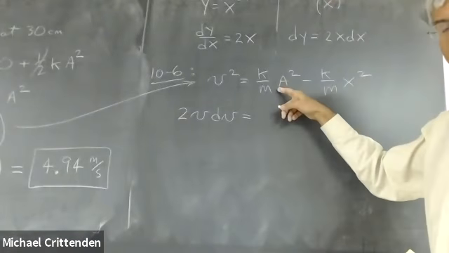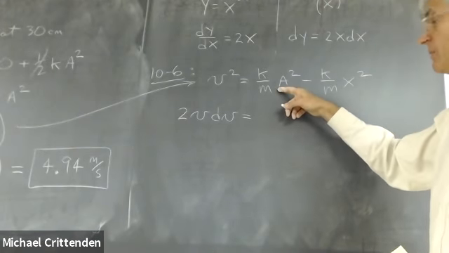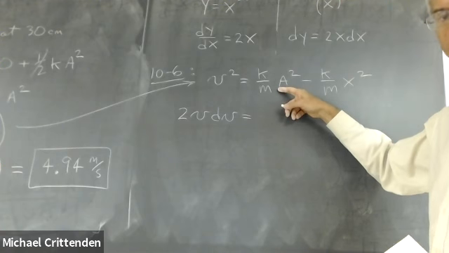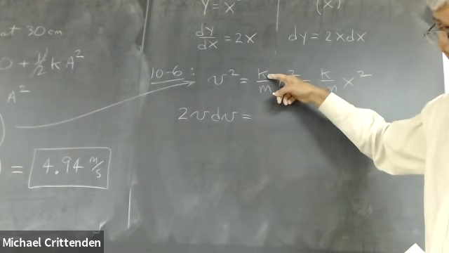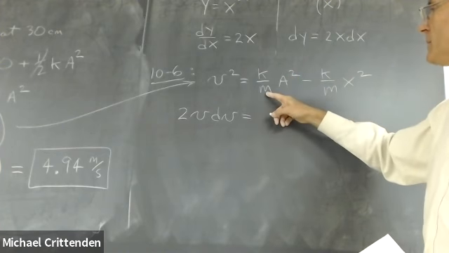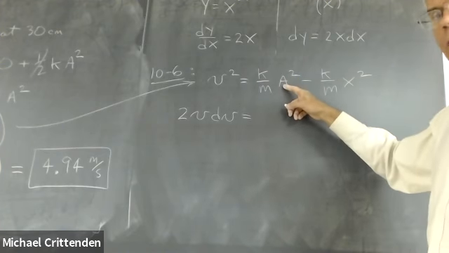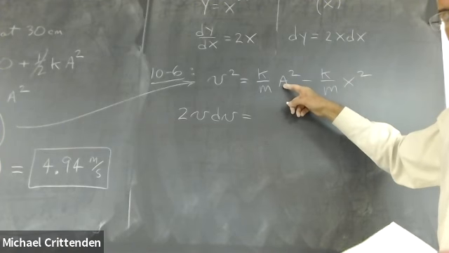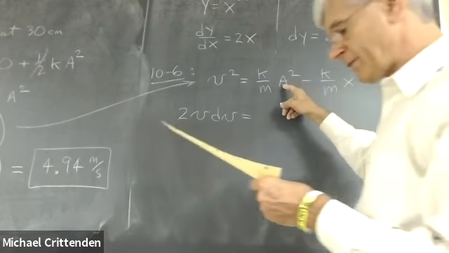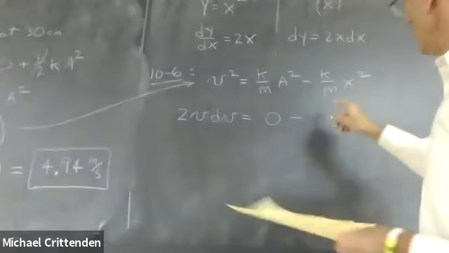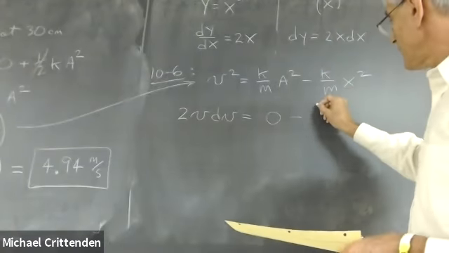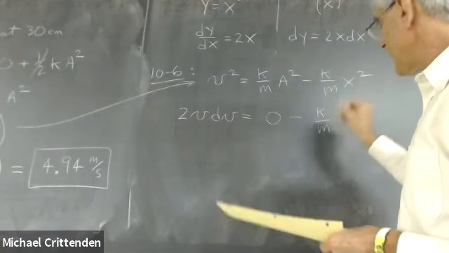This term, those are all constants. Sometimes it's hard to tell just because it's all letters, you know, but the spring constant, that sounds like a constant. The mass, the amplitude, those are all just numbers. And the derivative of a constant is 0. K over m, those are constants, so they just get recopied.